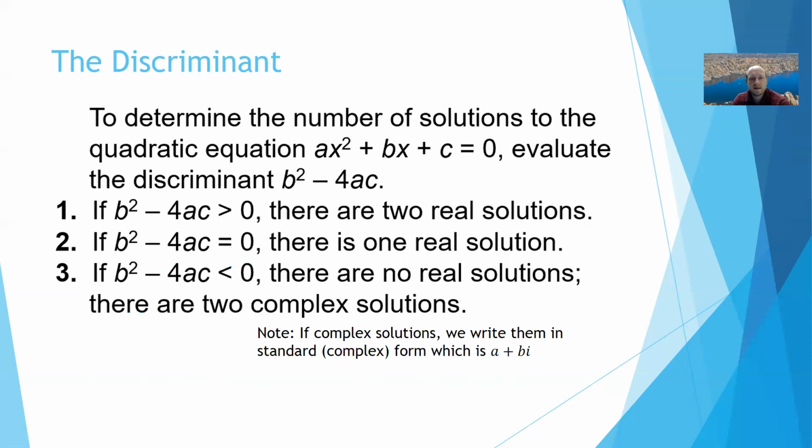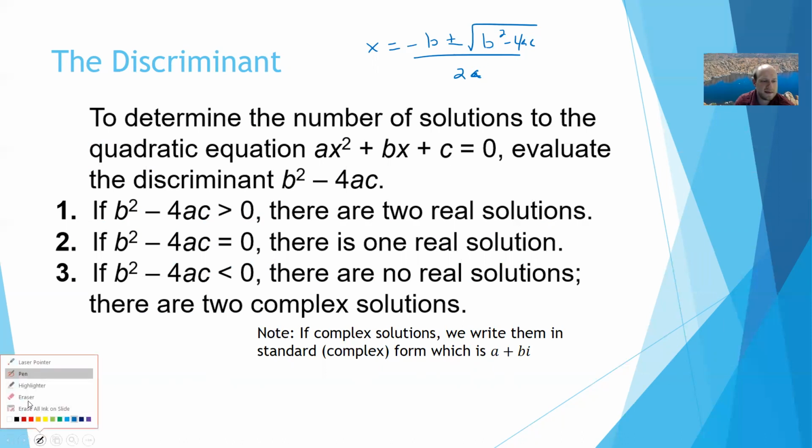And we already talked about it. The discriminant is the number inside the square root in our quadratic formula. So if I have negative b plus or minus the square root of b squared minus 4ac all over 2a, the discriminant is this part, this guy in here.